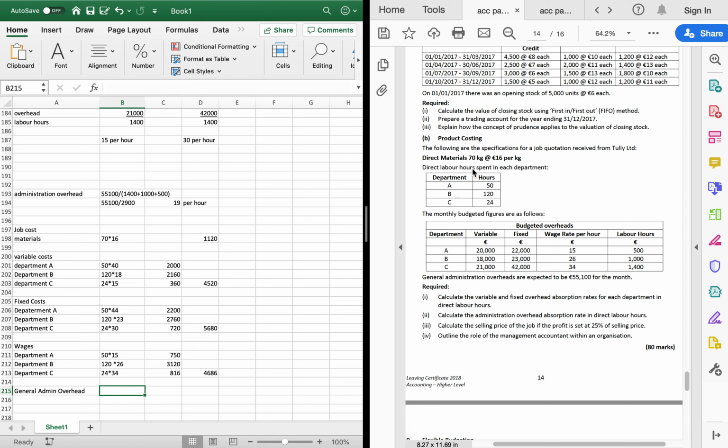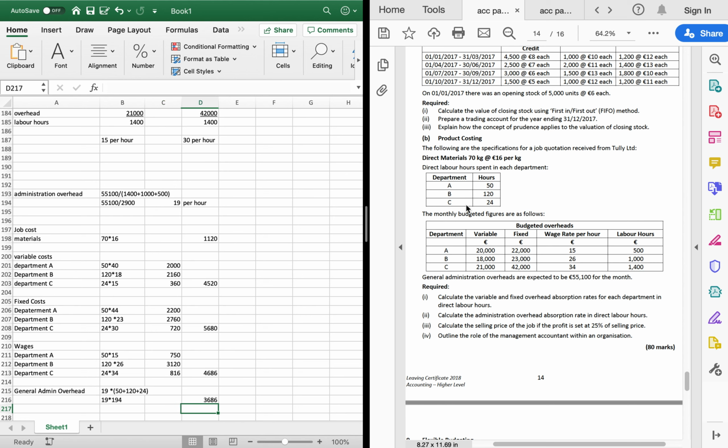So it's just going to be 19 by the three added together: 50 plus 120 plus 24. So it's 19 by 194, which is 3686. That's all their costs now.